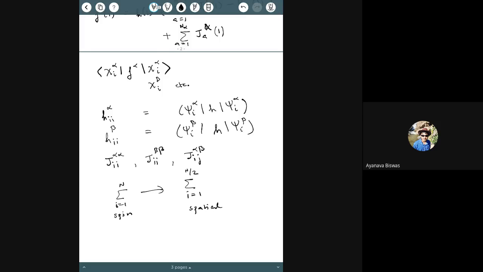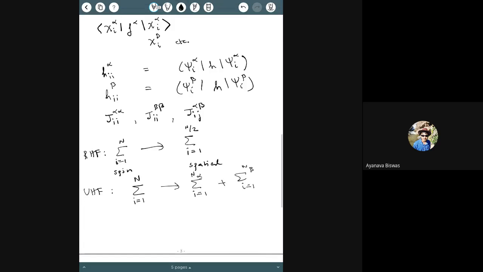But for the unrestricted Hartree-Fock, your sums which go from I equal to 1 to n for the spin, they go to I equal to 1 to n alpha plus I equal to 1 to n beta. So effectively, you don't have any reduction in dimension, but the expressions are the same.